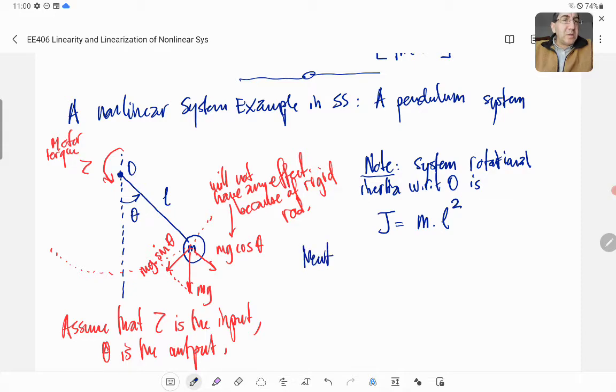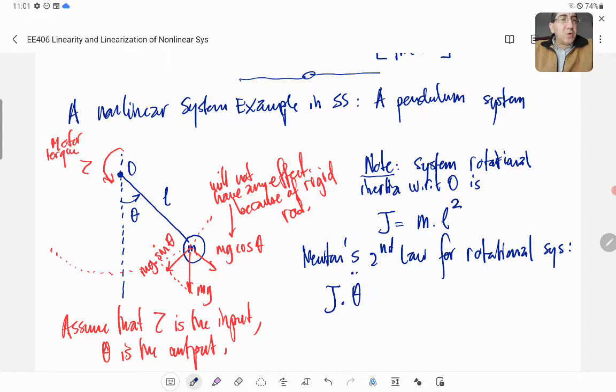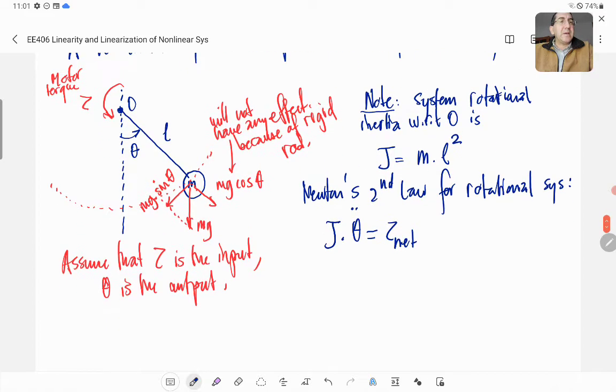So Newton's second law for rotational systems basically tells us that J times rotational acceleration, theta double dot, has to be equal to tau net, the net torque acting on the system. So that gives us J times theta double dot being equal to tau.